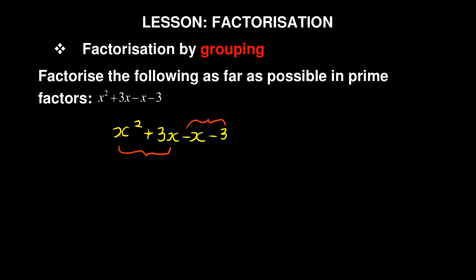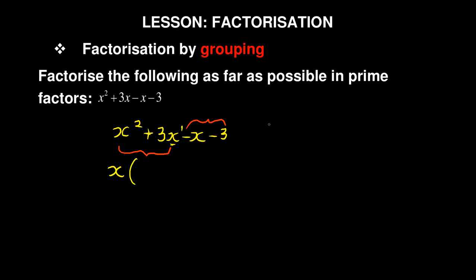In the first 2 we are asking what is common in x squared and 3x. You can see that x is repeating, but we must take the one with the smallest power. I've got x squared there, and 3x to the power of 1, so I need to take the x which is smaller because it must divide into both.